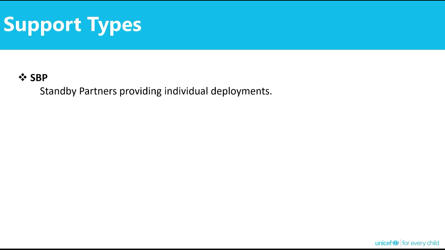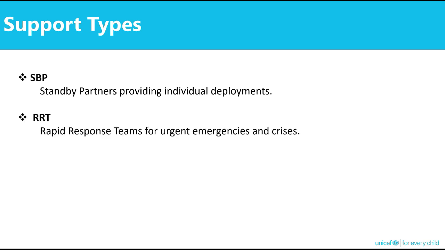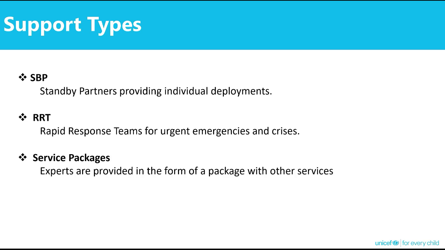The second most common support type is RRT, or Rapid Response Teams. These are specialized teams recruited at headquarter level and can be quickly mobilized in response to emergencies, offering rapid surge capacity. The third support type is service packages. This support type includes personnel that partners provide as a package with other services and equipment during UNICEF emergencies.